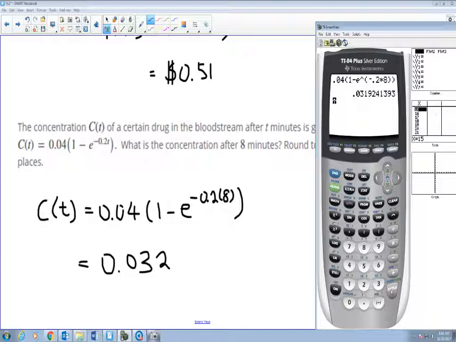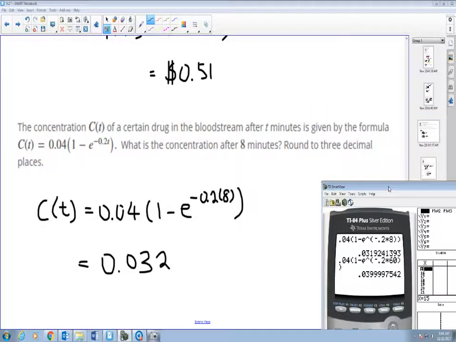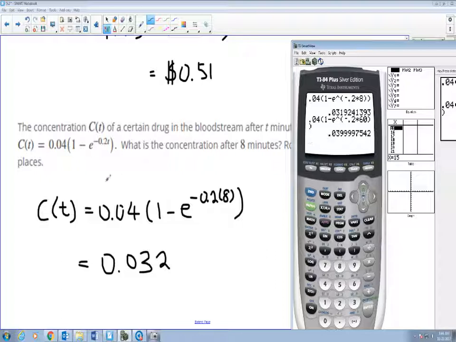So if I increase my time, the whole idea here is increasing the time, maybe like 60 minutes. Maybe 60 minutes later, how much concentration is left in the body? 0.04. That's weird, isn't it? After 60 minutes, the concentration of a certain drug in the bloodstream actually went back up almost to what we had. That is very strange. Why?